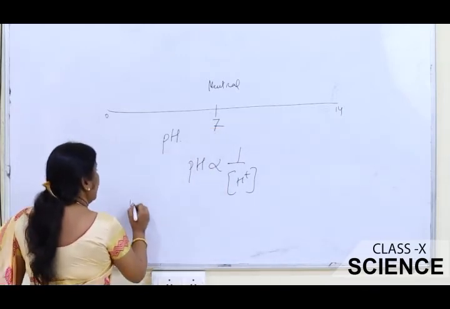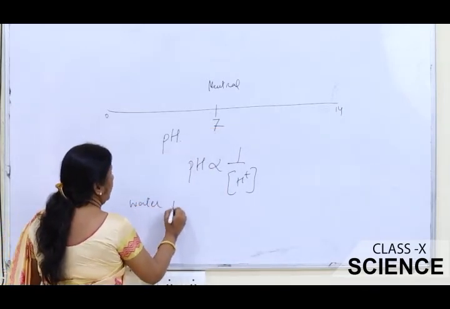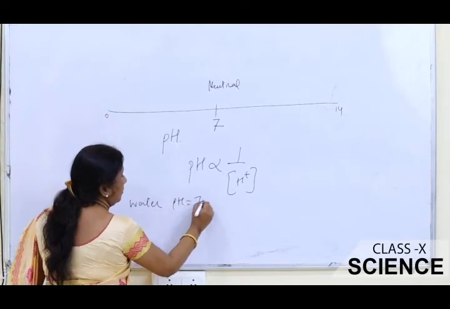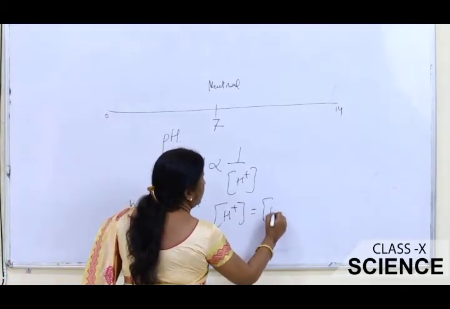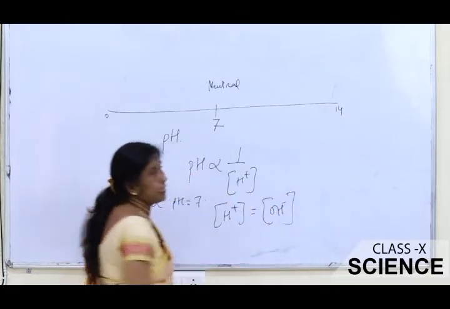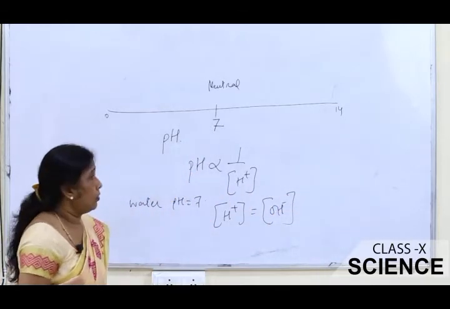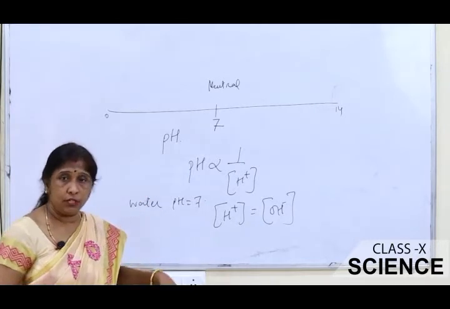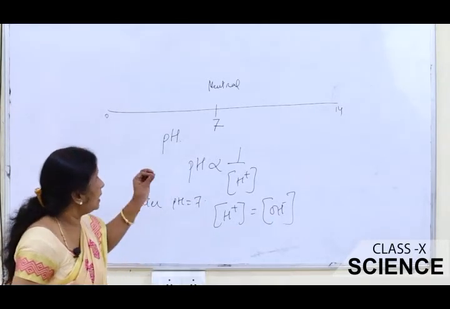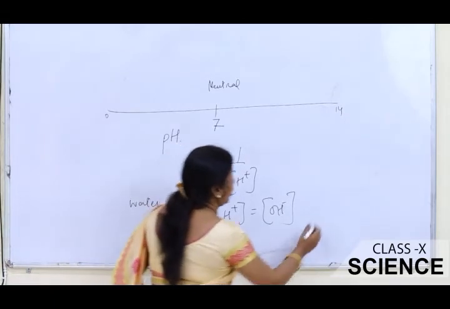That means in case of water with the pH value equal to 7, the concentration of H+ ion is equal to the concentration of OH- ion, right. Now suppose in water, if we add a little acid, then what will happen?